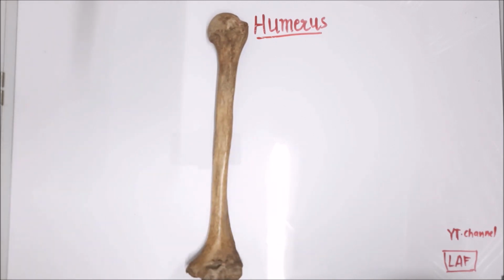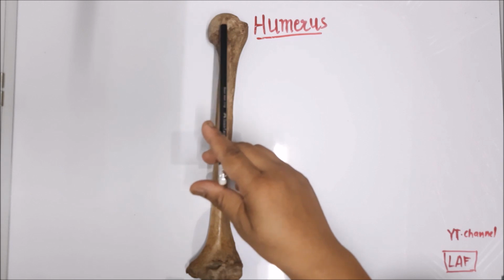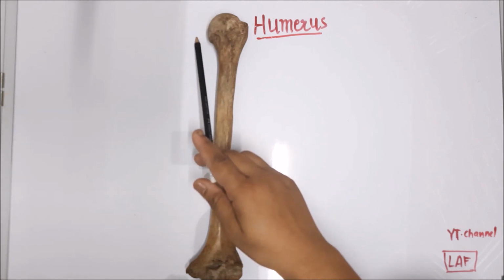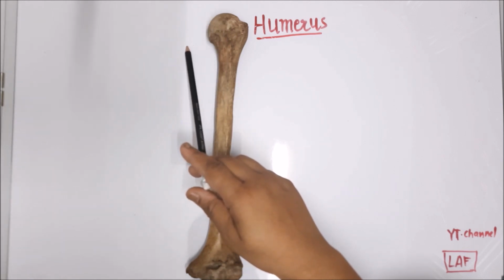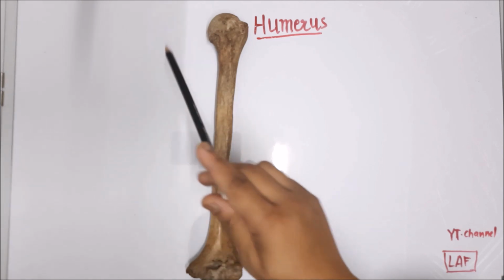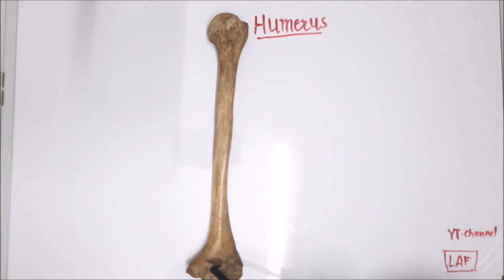This is about the features of the humerus, and now let us see how to determine the side of the humerus. To determine the side, the head should be on the medial side, directed medially, a little bit forward and upward. The lower end, which has a more prominent epicondyle, should be directed to the medial side.